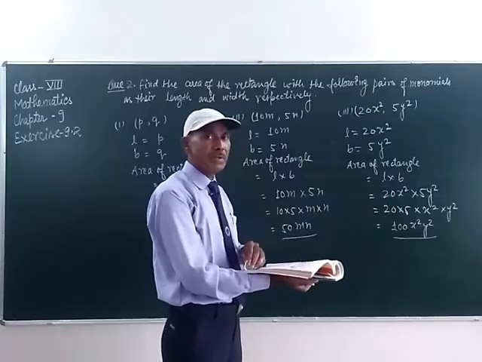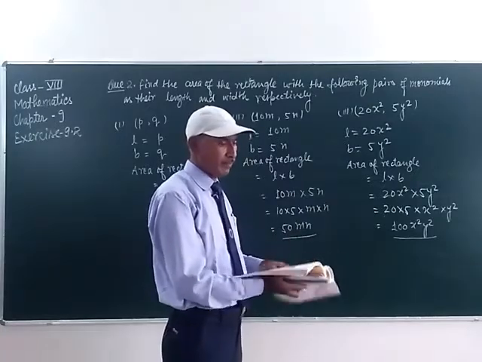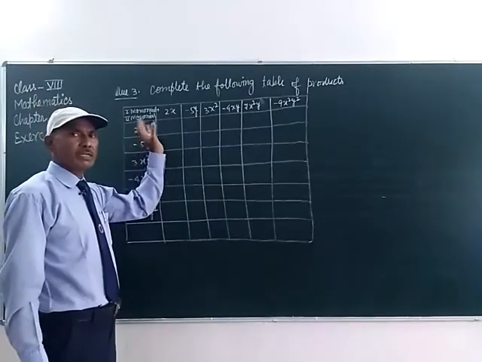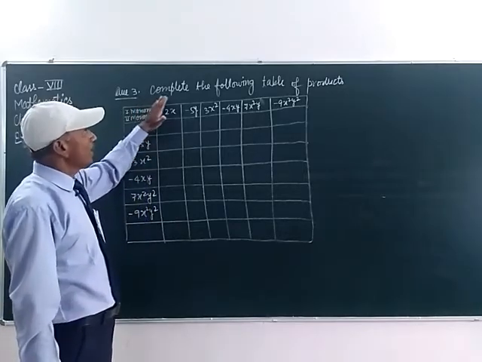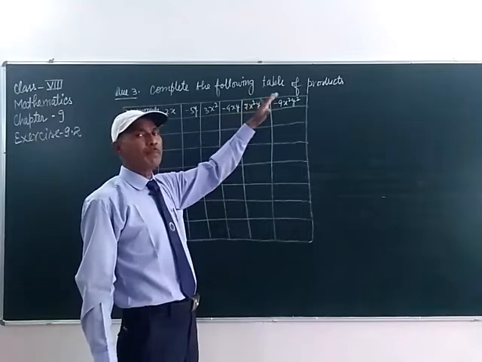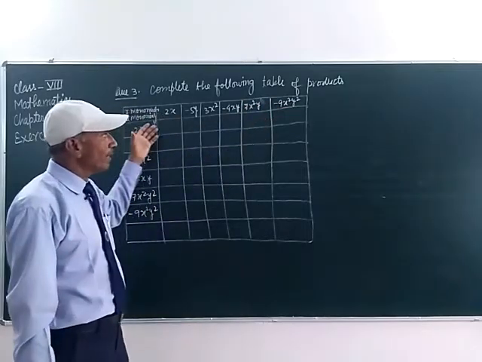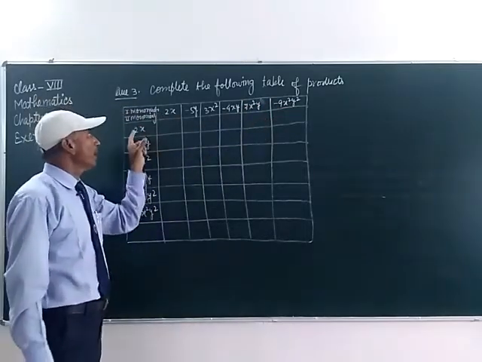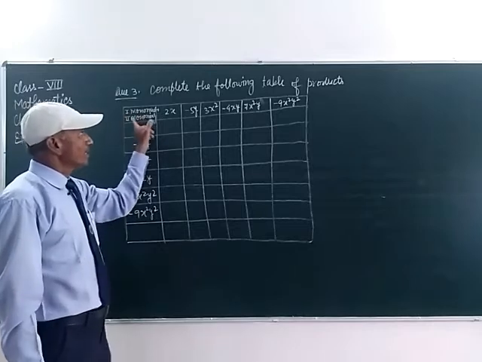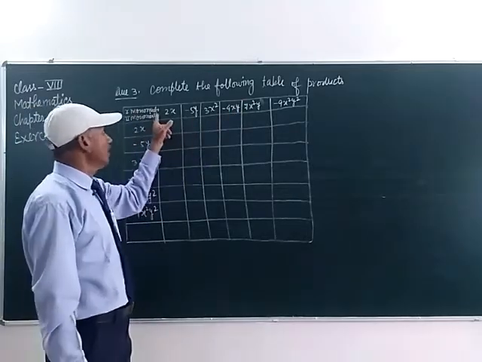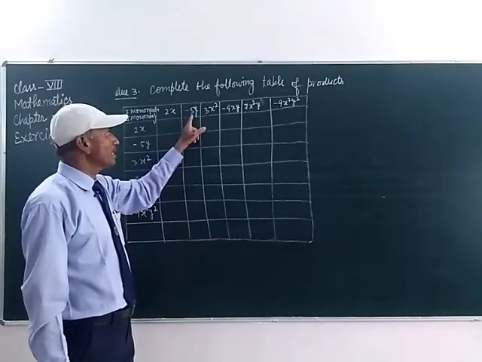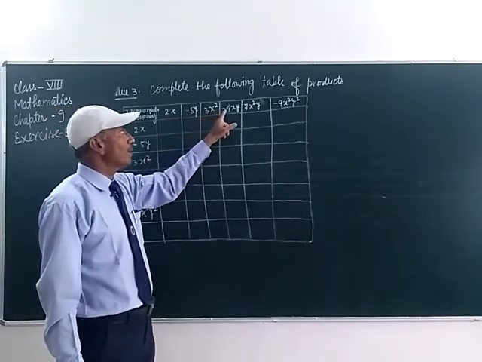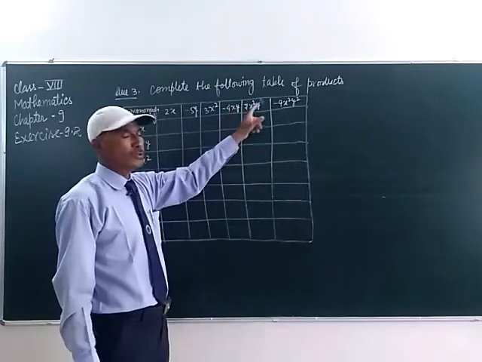Now we will solve the next question, student. This is question number 3, student, and in this question, complete the following table of products. We have to find out the product. In the first row, there are the first monomials 2x, minus 5y, 3x square, minus 4xy, and so on.